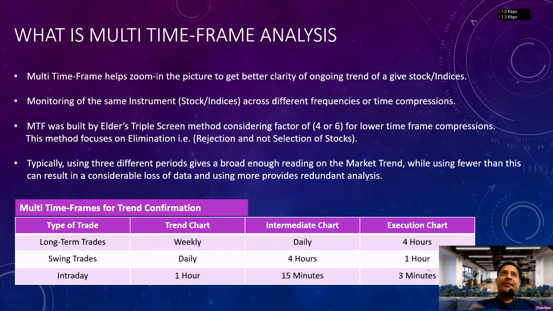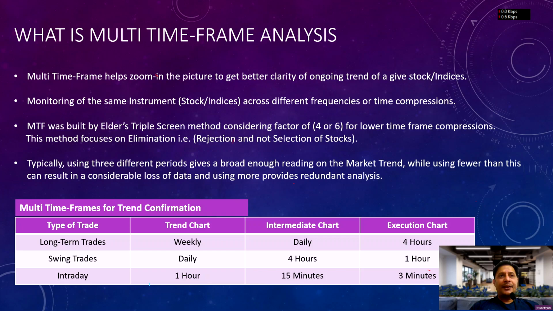If I am a long-term trader and I only want to invest at regular intervals in the markets, to get a view of what I need to invest in at that point of time, I can use weekly charts as my trend chart. The weekly chart would have a long-term ongoing trend, where I get to see whether it's in an uptrend or a downtrend. Then I get onto the daily time frame to check the levels, whether the daily time frame is in alignment with the weekly time frame.